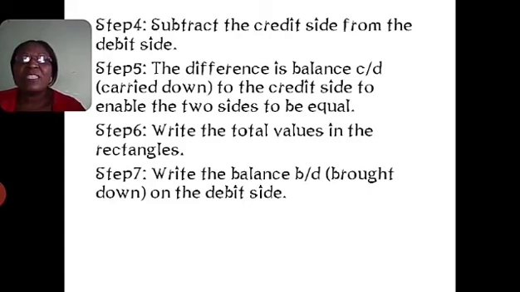Step 5, the difference you got, you carry it to the credit side under balance carried down to enable the two sides to be equal. Then step 6, write the total values in the rectangles. And finally, write the balance brought down on the debit side.